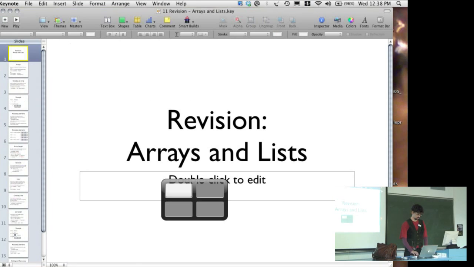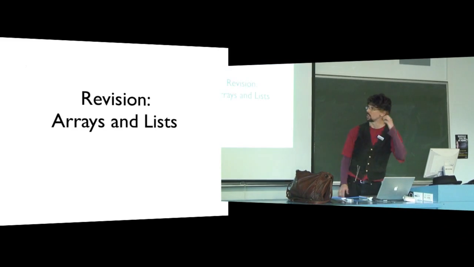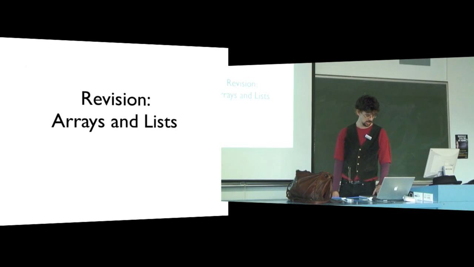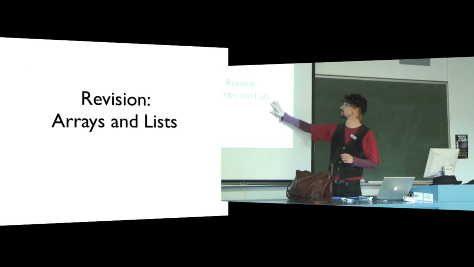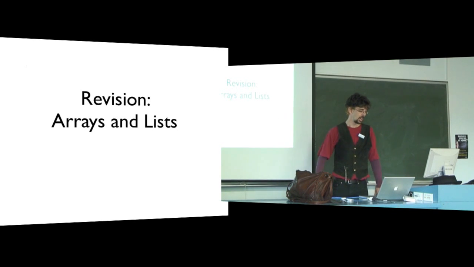So what I want to go over then, as I was asked to revise the stuff on lists. First of all, I want to remind you of the difference between arrays and lists. In Unity they're both called arrays.